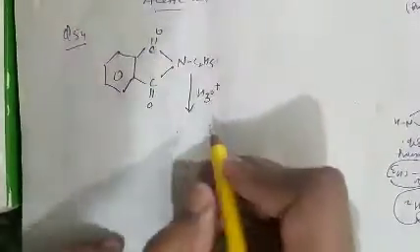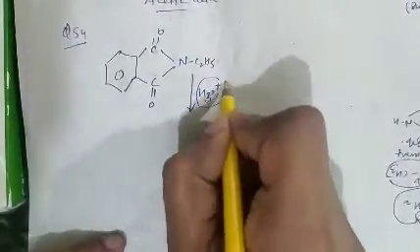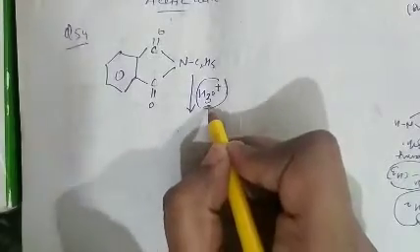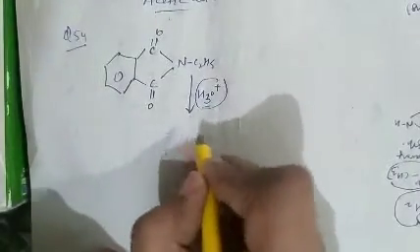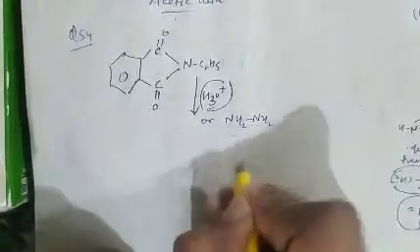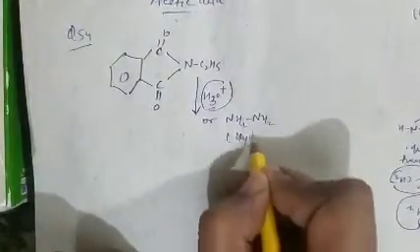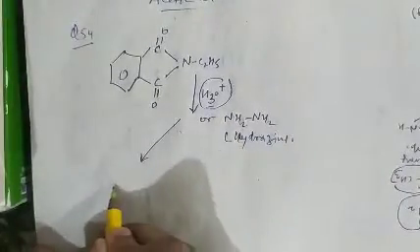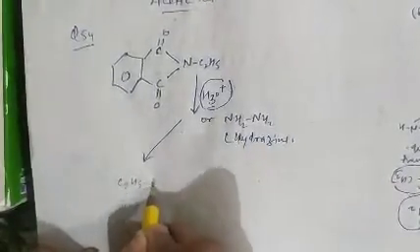As we can see, in place of H3O plus for hydrolysis, we can also use hydrazine. On reaction with hydrazine, the compound will convert into ethylamine, that is C2H5NH2.